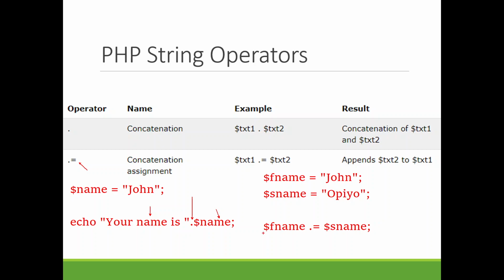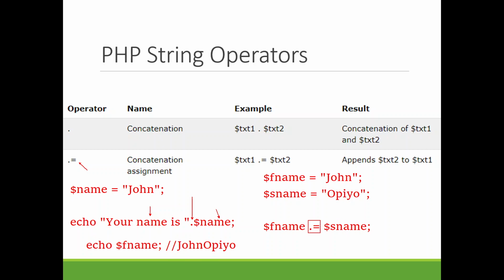If you do that and you echo F name, then the output is going to be John Paul. So this operator appends the second name onto the first name.